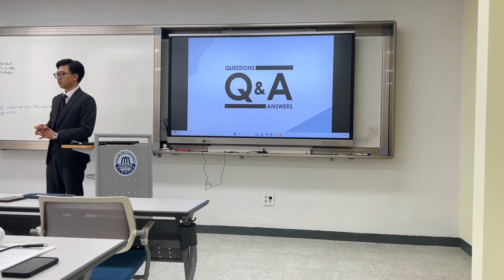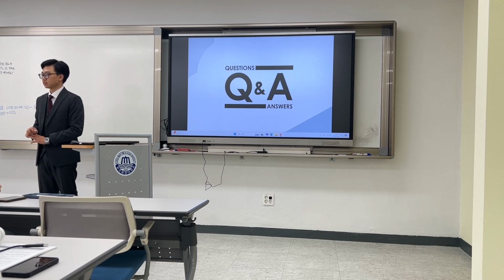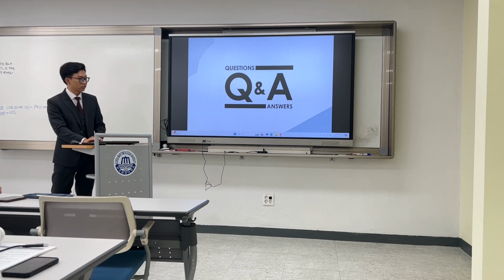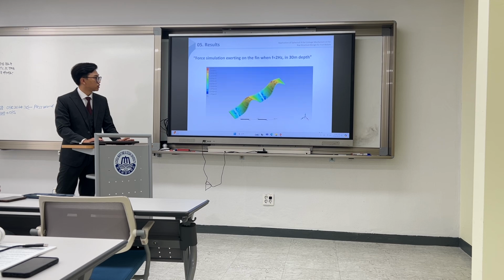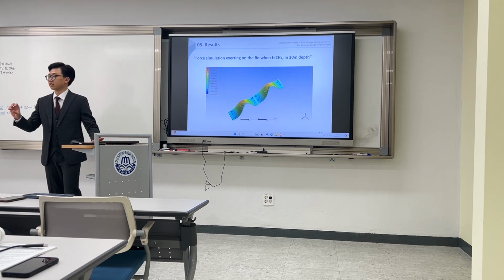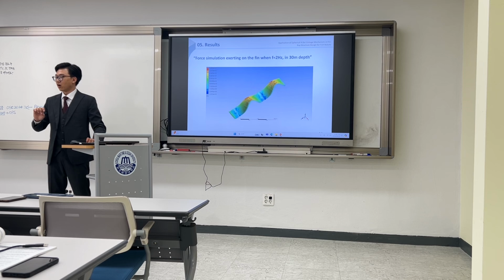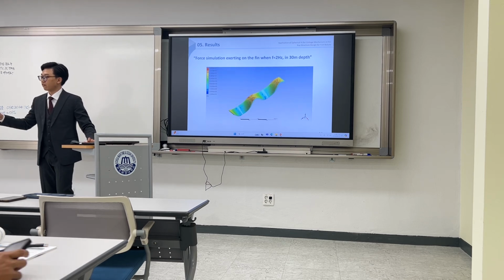It's about 20, 30 meters below sea level. So we put the parameter of 30 meters below sea level into the simulation right here. It has the same pressure as at sea level applied onto the fin, and we also put the drag force at sea level into it.